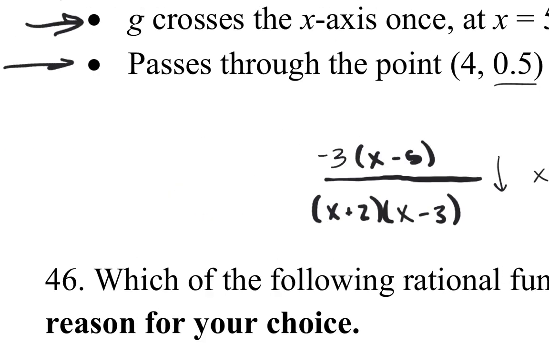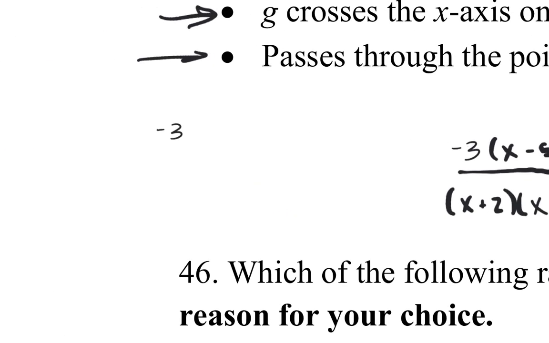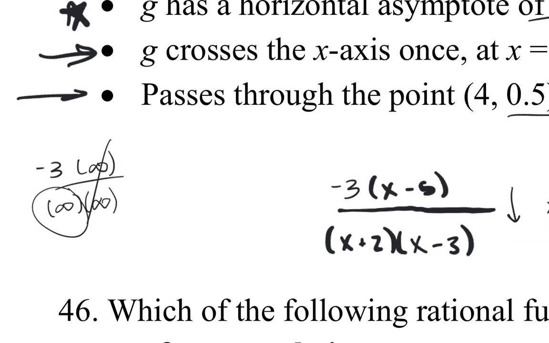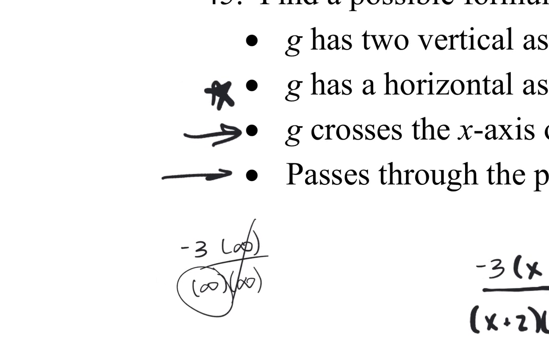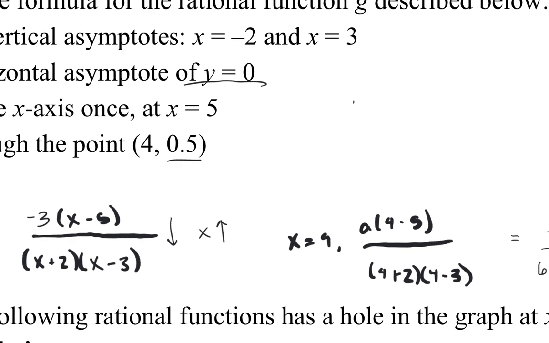So as x gets large, we're going to have -3 times an infinity on top, and we'll have two infinities in our denominator. They'll kind of cancel out, and we're left with one in our denominator. So this condition is also met, which means that g of x could be -3(x minus 5) over (x plus 2)(x minus 3).